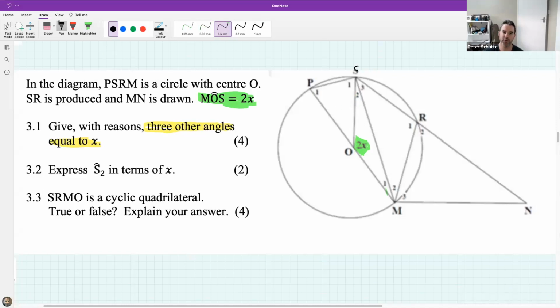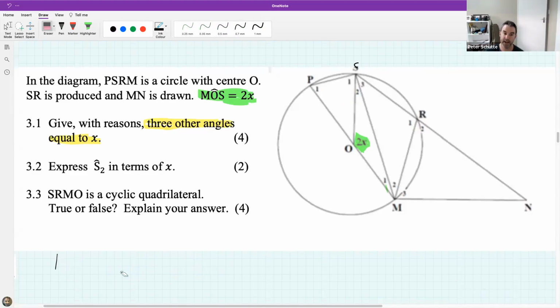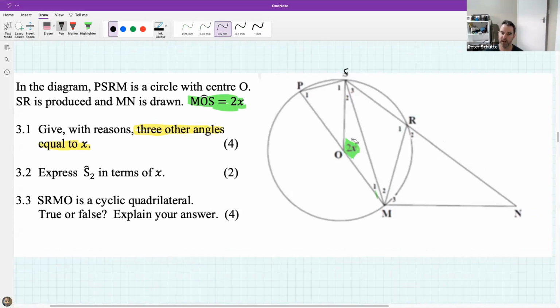I suppose you could do it like that. So you could say M1 is 180 minus 2X divided by 2. But then you're going to get 90 minus X, which isn't really what you want, X by itself. So it's not a bad idea, but equal sides, equal angles.